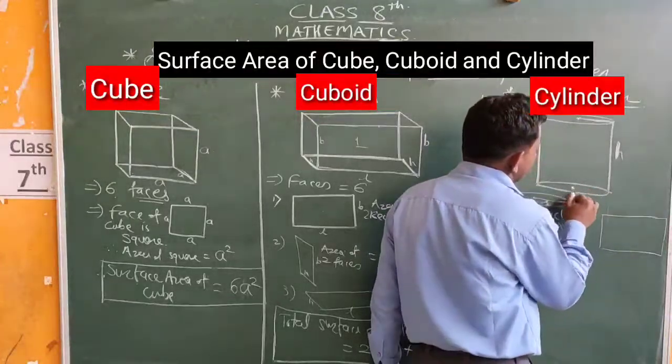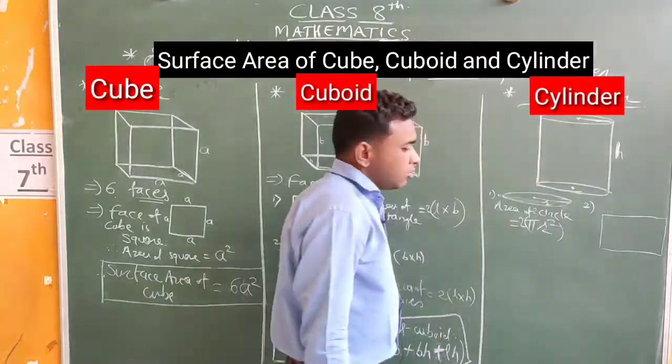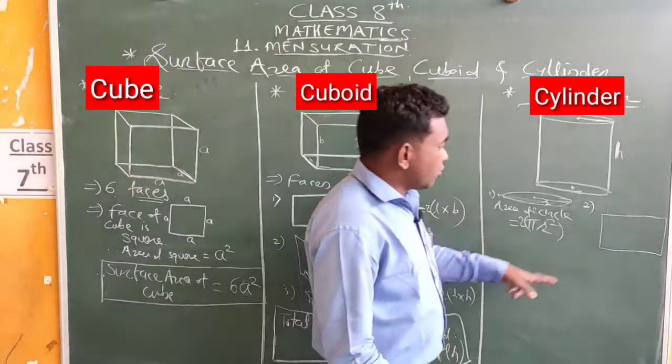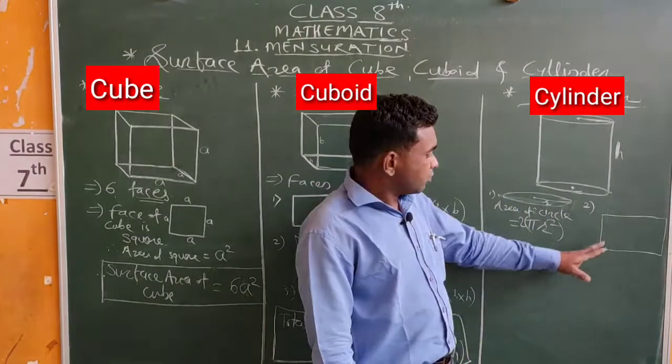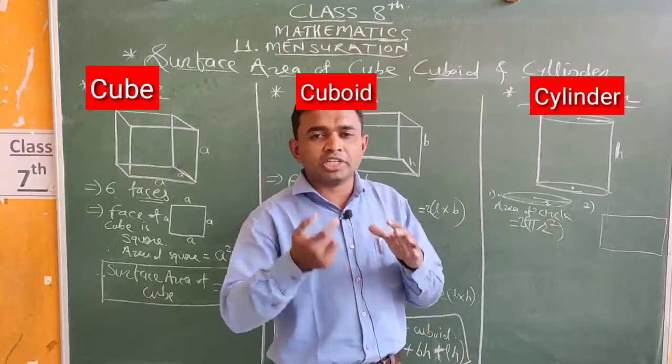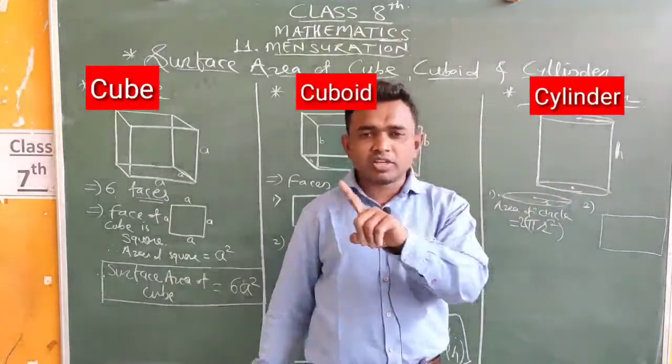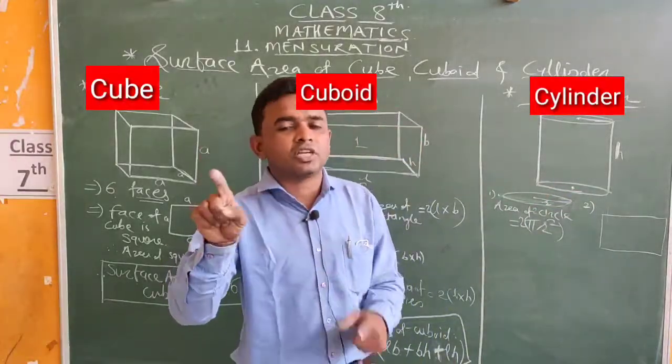Here if we fold it out, when this rectangular sheet is folded out, then it is shaped like a circle, and this circular shape means the circumference of a circle.